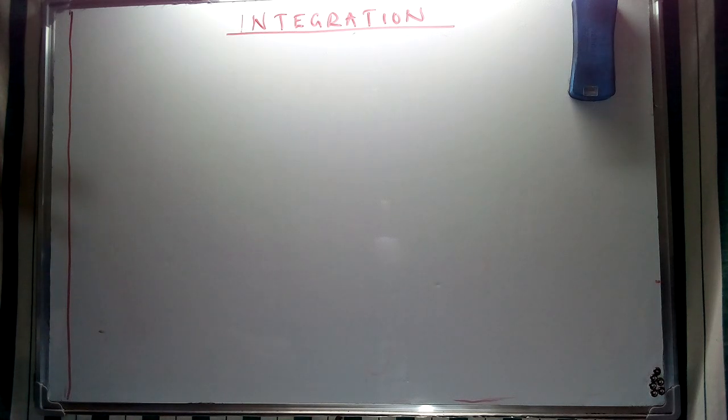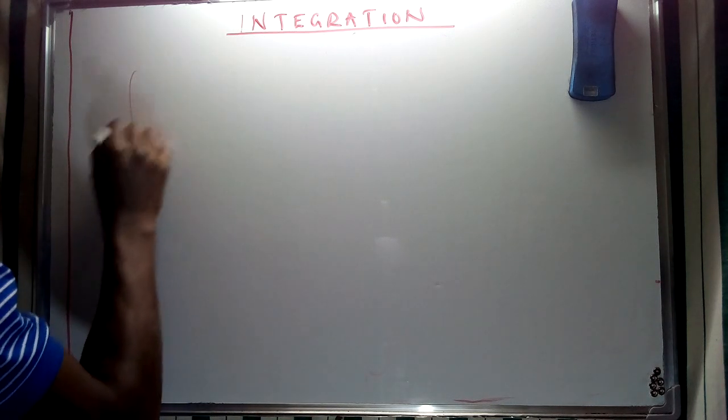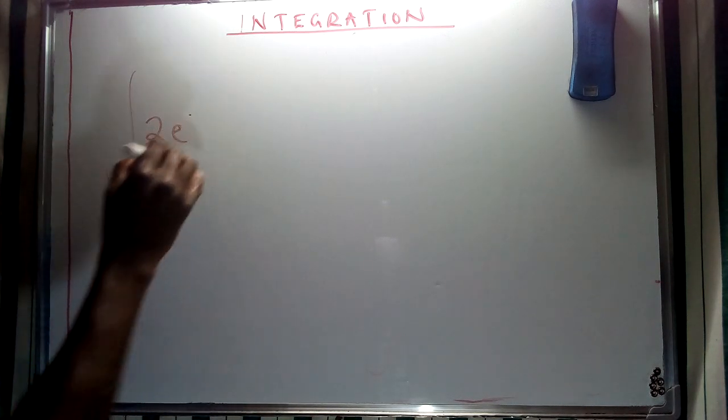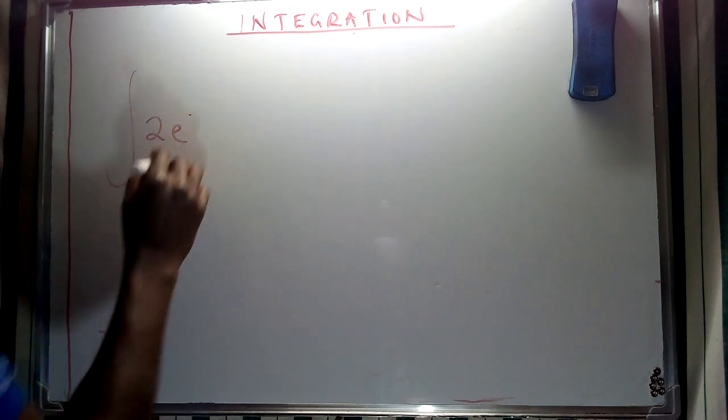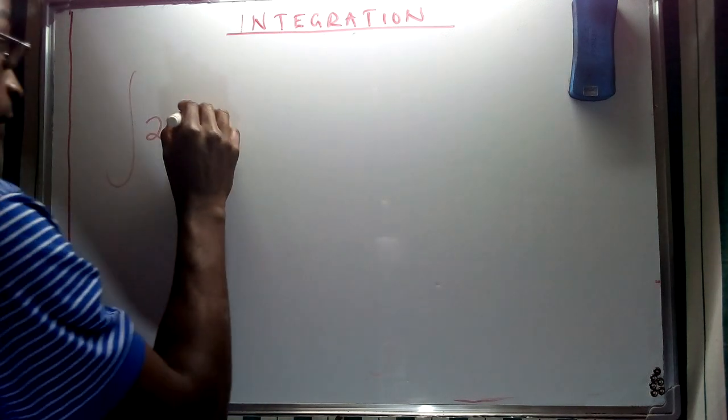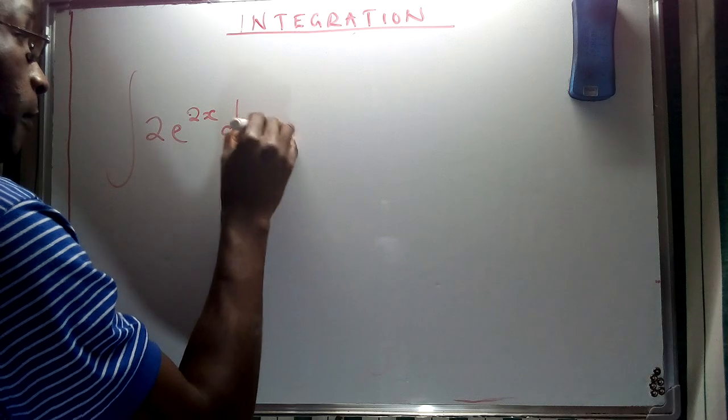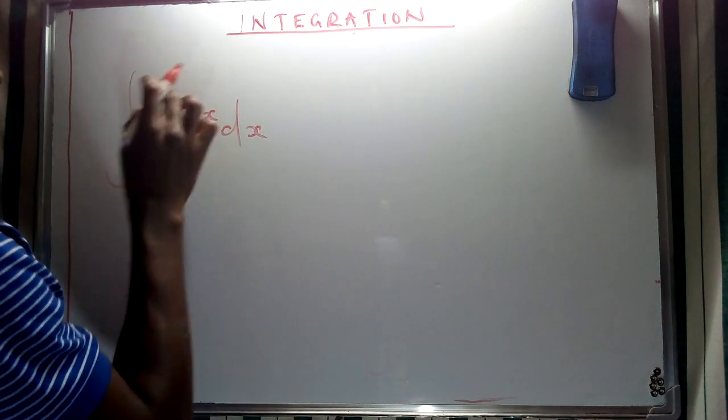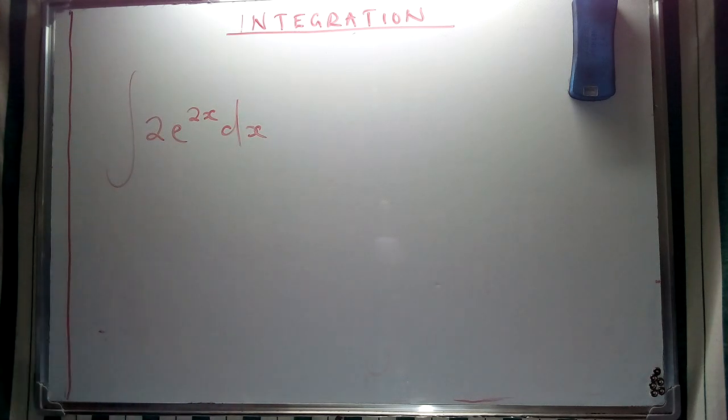Now suppose we are given this specific expression and asked to find the integral of 2e^(2x) dx. Therefore we're going to identify the part that has been raised to a power and give it as a function of u.